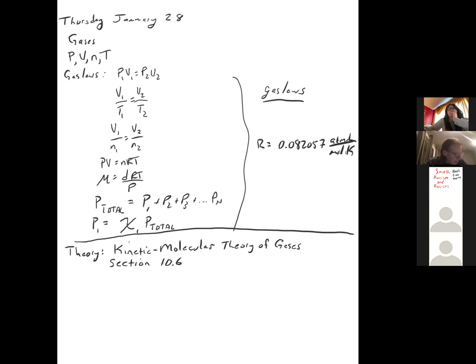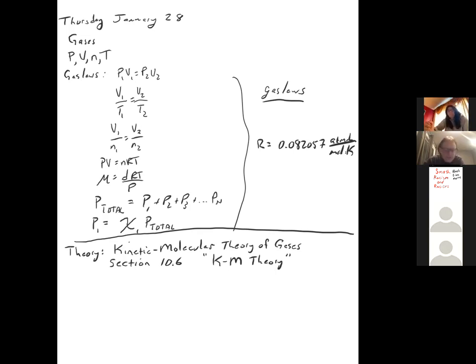So the KM theory, we'll call it KM theory just to make it easier to remember. Kinetic molecular. Kinetic, we talked about that when we looked at energy. Kinetic has something to do with motion, right? Kinetic means movement. Something's moving. Molecular just means molecules. So really what we're talking about is the motion of molecules. And that's really the underlying theory right there. It's pretty simple.